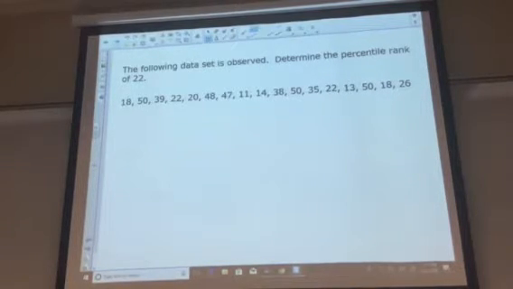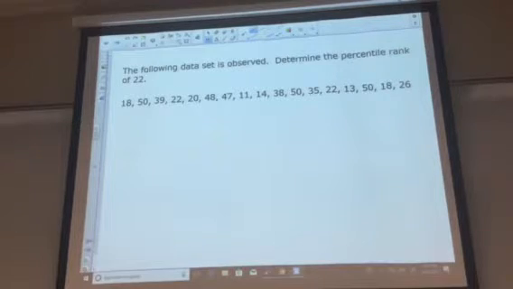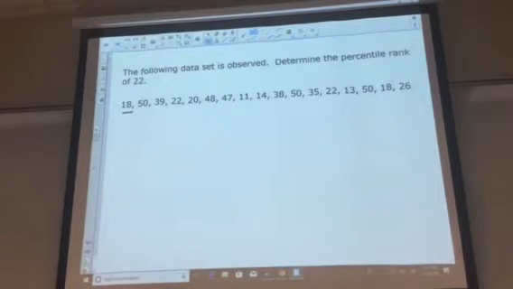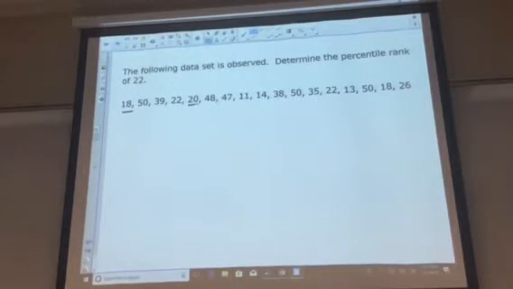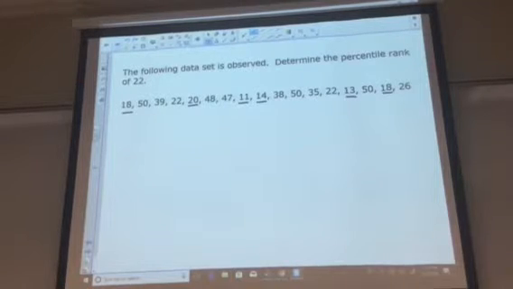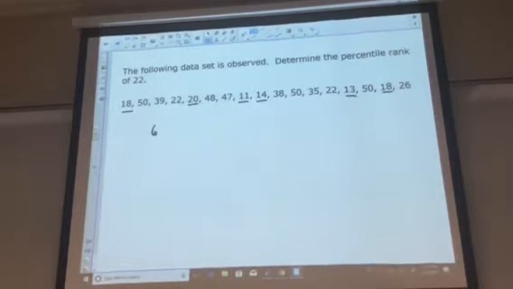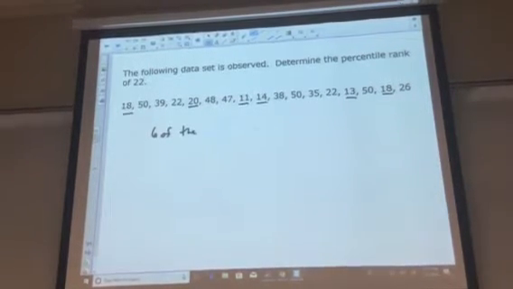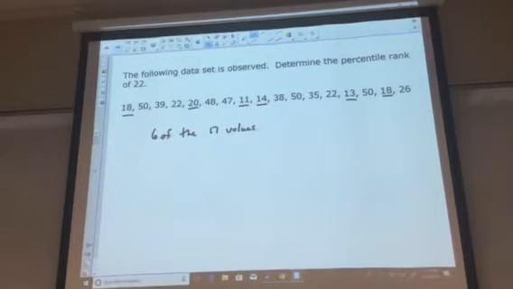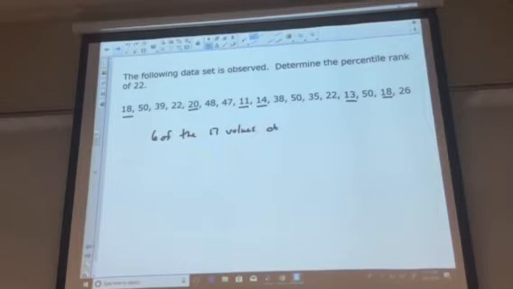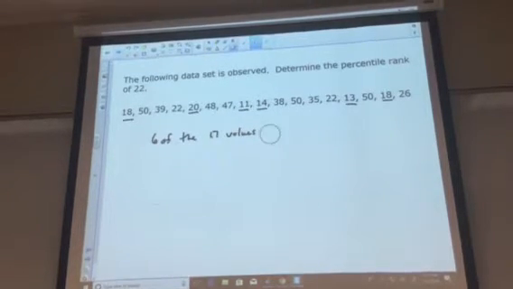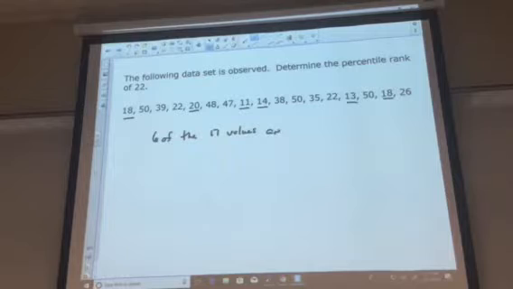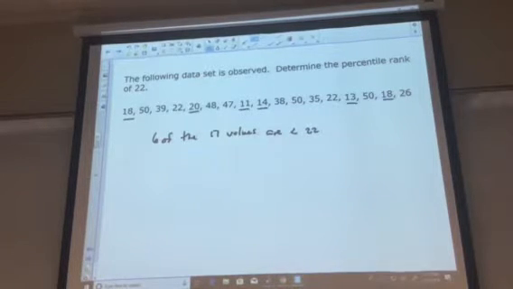So if I skip putting them in order, which values are below 22? 1, 2, 3, 4, 5, 6. 6 of the 17 values, there's 17 values there, are less than 22.